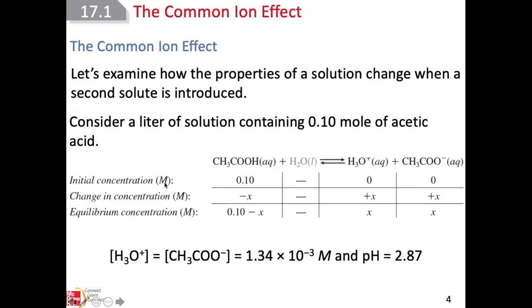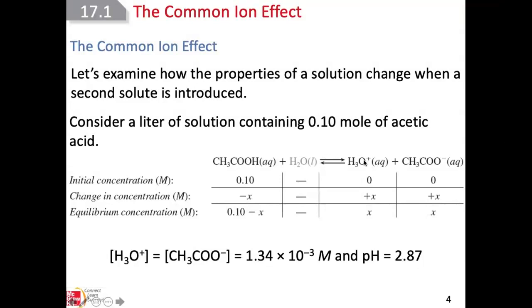Do not forget molarity is mole over the liter. So the initial concentration of acetic acid is 0.1 molar. The concentrations of hydronium ion and the acetate ion are not present, they're 0. And because they are 0, the reaction will move forward.